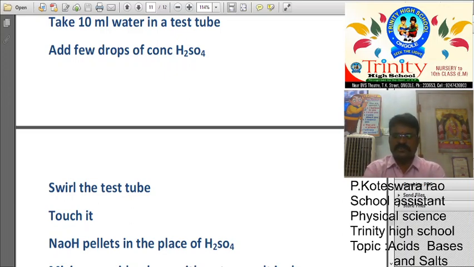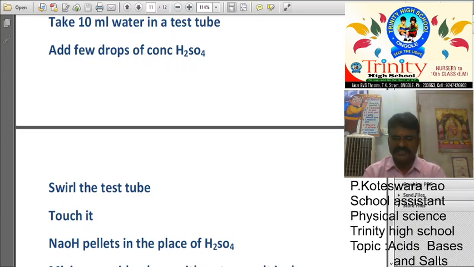Thermal reactions are of two types. One is the endothermic reaction. The second is the exothermic reaction. What is the endothermic reaction?